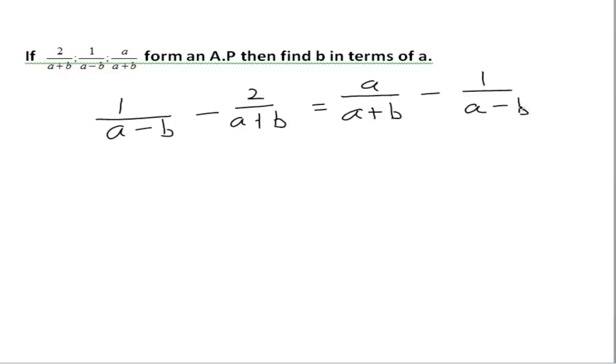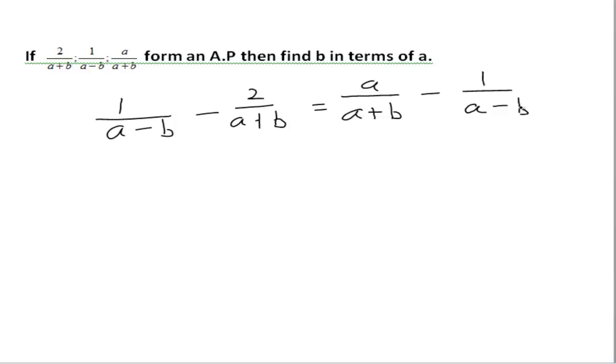So what you notice here now, you've got a minus b into a plus b as being your LCM. So we can multiply throughout by a plus b into a minus b.